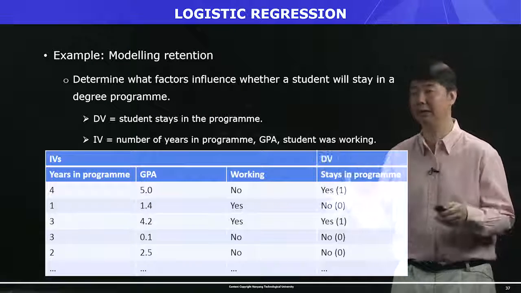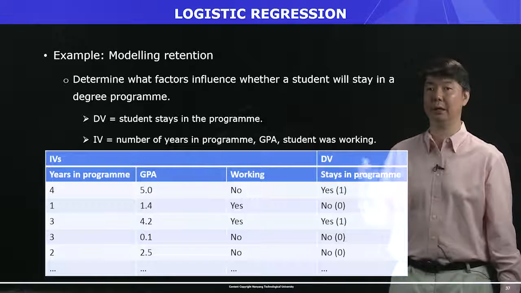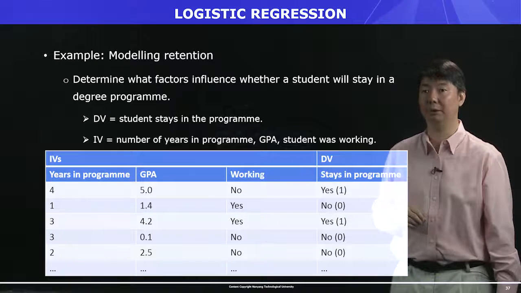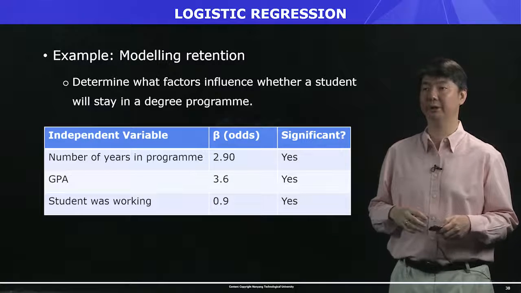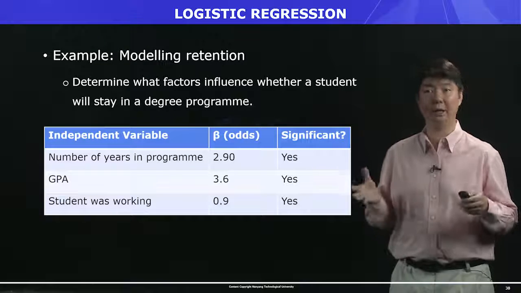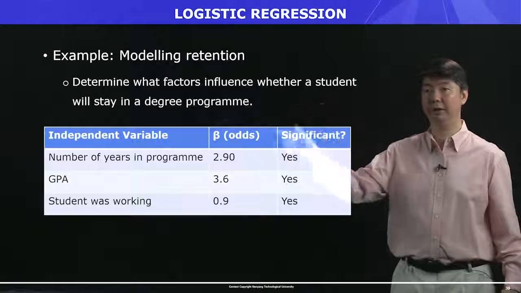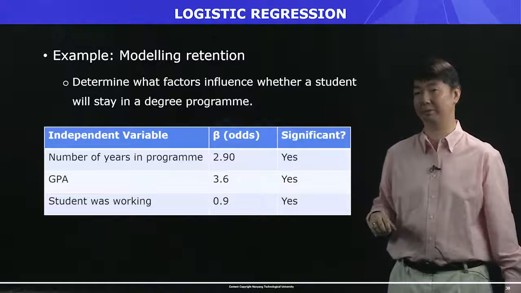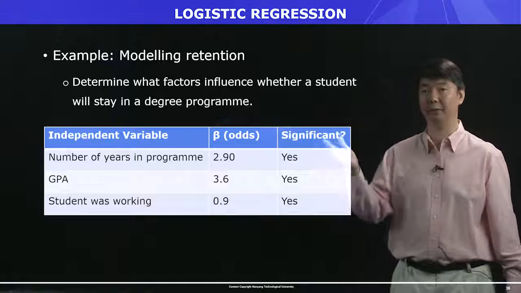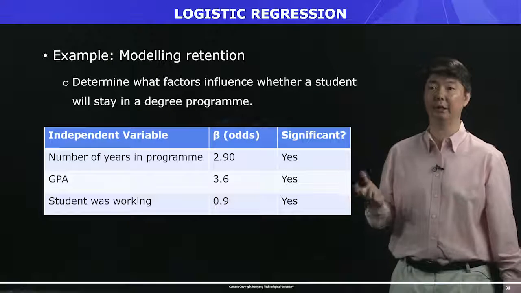So you have all this data, you give it to your statistical software to produce a logistic regression model. Now, among other things, the logistic regression model will be a table of values, right? And this table will contain all the independent variables, their beta values, which represent the odds, and then the p-values, whether they were statistically significant or not.